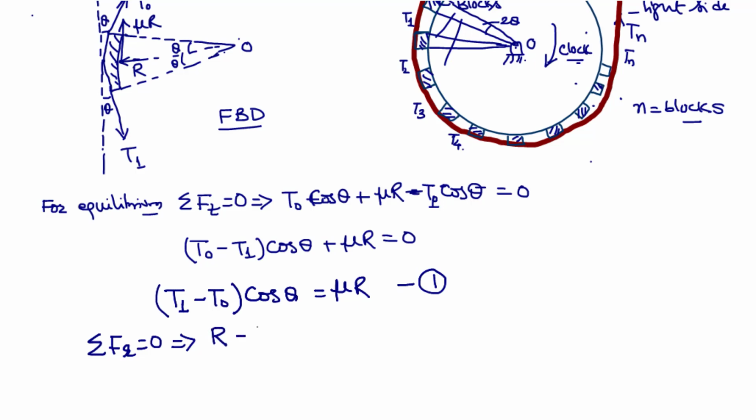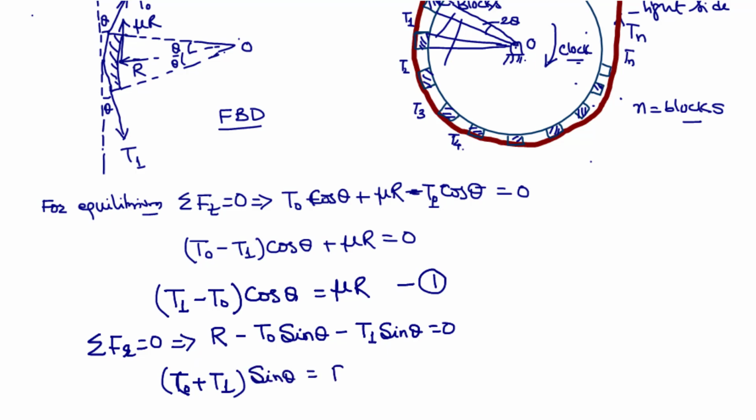R minus radial components, T0 sin theta minus T1 sin theta, equals 0. So (T0 plus T1) sin theta equals R. This equation is the second.